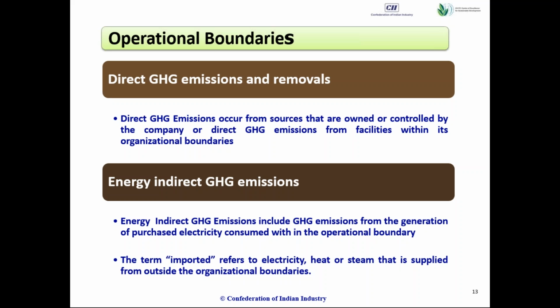Operational boundaries means that we identify sources within the organization. We identify which GHG emissions we want to report. Now the standard gives three types of GHG emissions which an organization should report. One is direct GHG emissions, other is energy indirect GHG emissions, and third is other indirect GHG emissions.